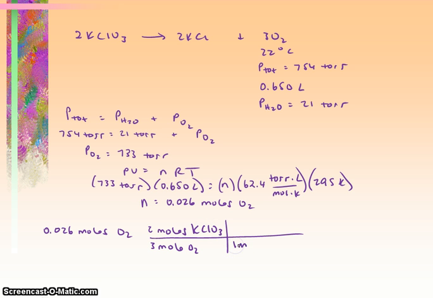And then for every 1 mole of potassium chlorate, we've got 122.55 grams. So we get 2.1 grams of potassium chlorate. So that means that in order for us to have collected this amount of oxygen gas, we originally must have started with 2.1 grams of potassium chlorate.